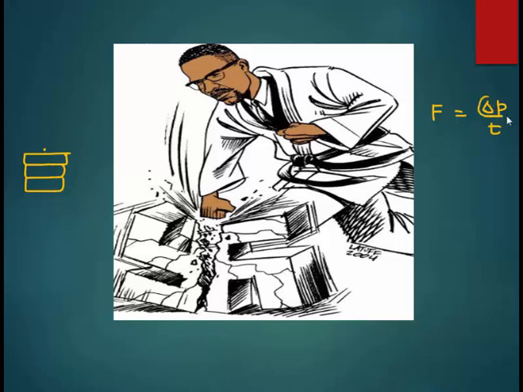This T is extremely small, and therefore F is very large. And therefore he is able to break the brick stack. So he does it by making sure that the change in momentum occurs within a very short time.